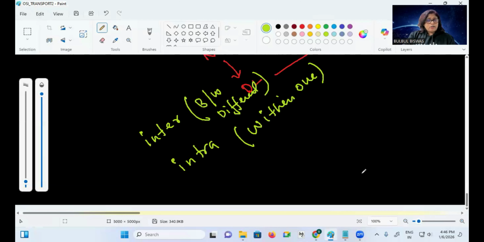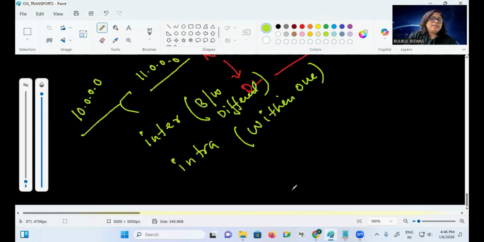If you want to establish communication between hosts belonging to different networks, suppose my host belongs to the 10 network and wants to communicate with a host belonging to the 11 network, at that moment who will come into the picture? That is the router, and this is called internetworking. Connectivity between different networks is called internetworking.